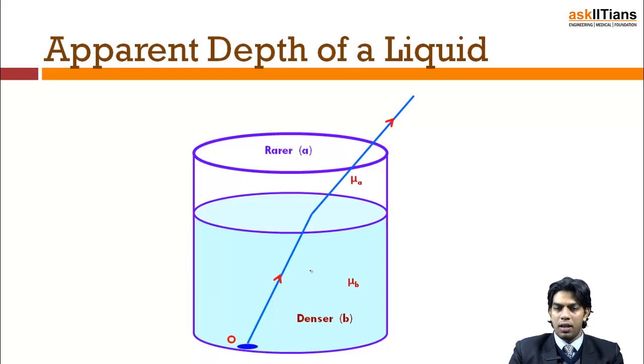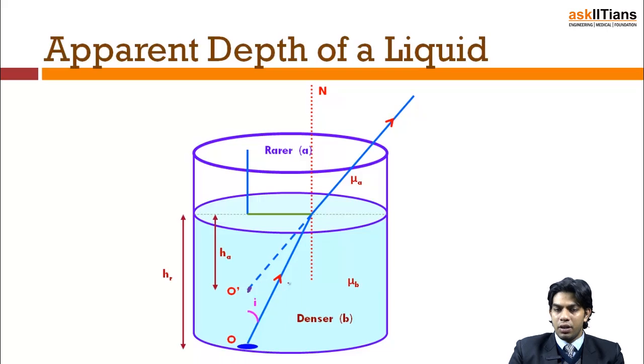So that's one. The other light ray does this. So I end up extrapolating and getting this point as the image. That's the point which will be perceived by my eye as an image, as the bottommost point of the container, which in fact is not the reality.